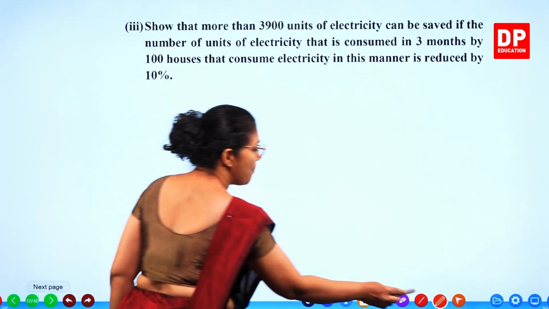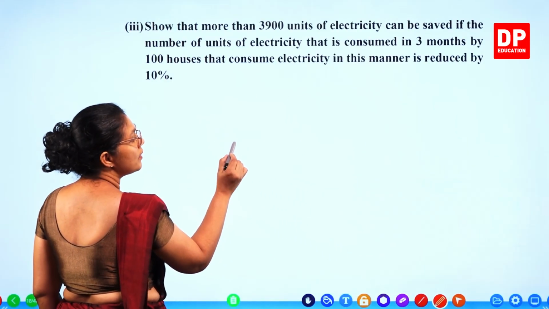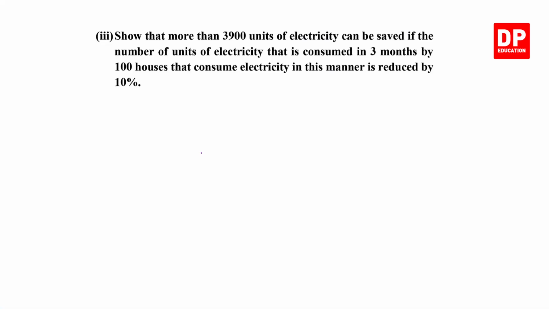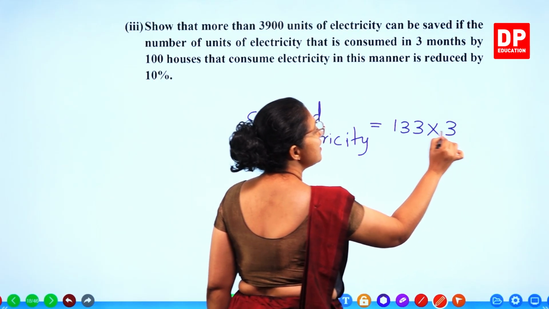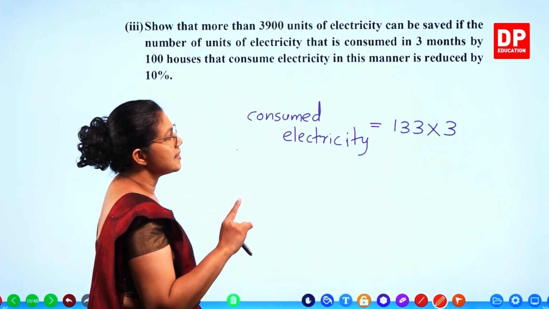So there are 3 months now. So what's the total? So we can find out consumed electricity is equal to, now here 133 we found for 1 month, and then multiplied by 3 to get 3 months.